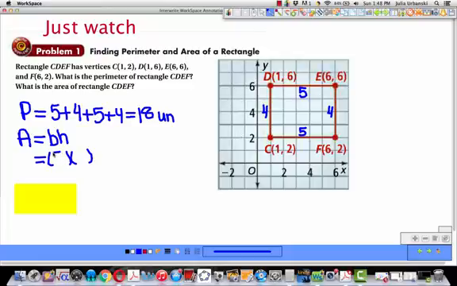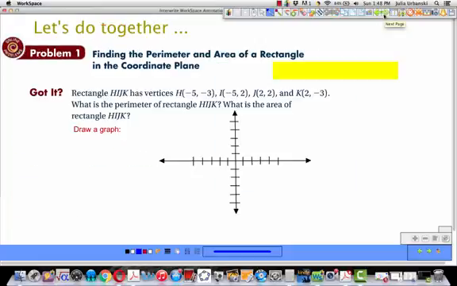I'm going to use those two numbers, 5 times 4, and I'm going to get 20. And it's still units because I don't know what it is, I'm just going to use the generic word units. But since it's area, I'm going to say squared. Area is always squared.